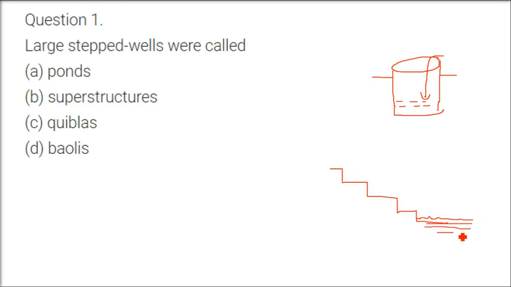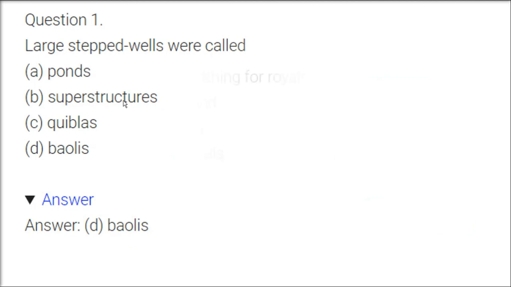So a person can go there, it can be cleaned easily, especially when the rainwater comes. So it's a kind of rainwater harvesting technique, getting the water. This is baudi in slang, but in normal word, baulis.